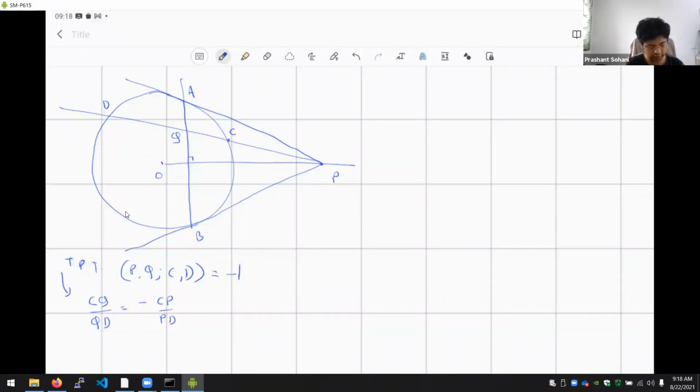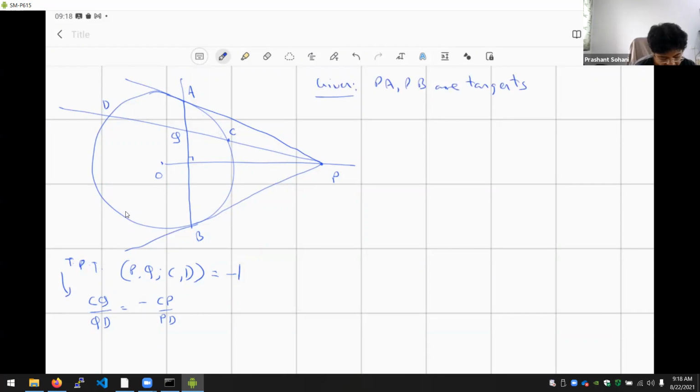And so this is from the perspective of what we have to prove. But we also have to look at what is given to us, because there is a lot of information given. The fact that PA and PB are tangents. So that allows us to do a lot of angle chasing, things like that.